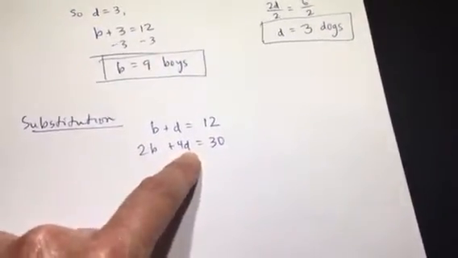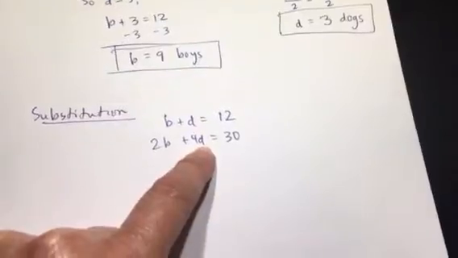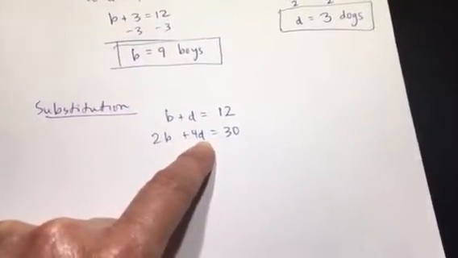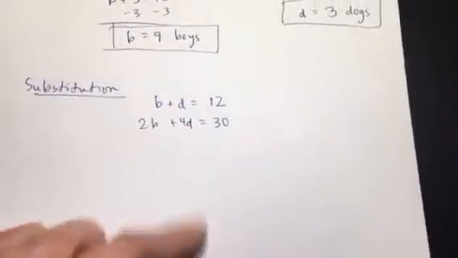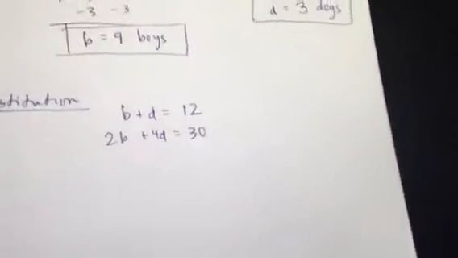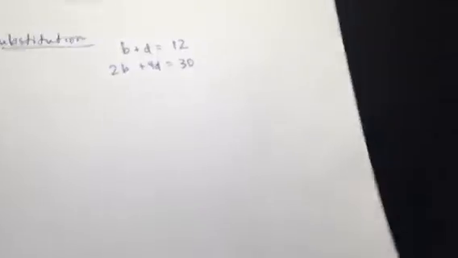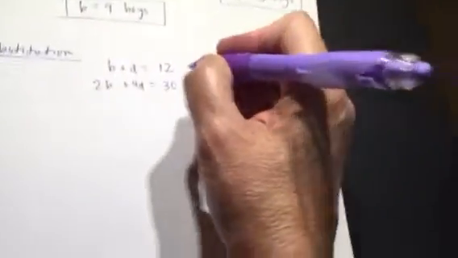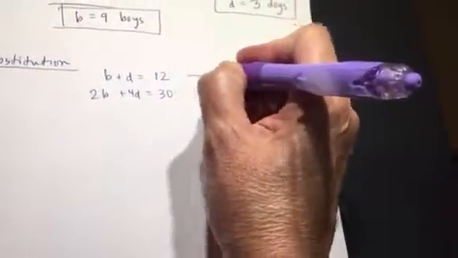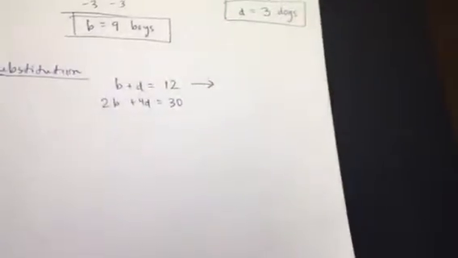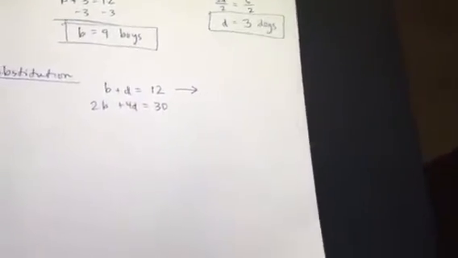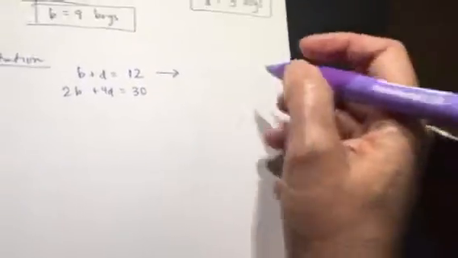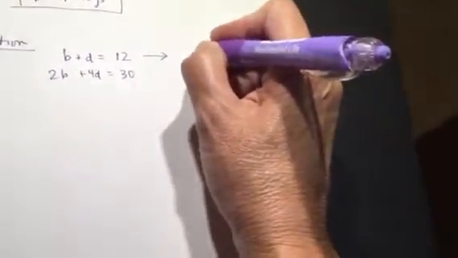Although that would work, if I solved that bottom one for d, I would get some fractions in there, which maybe if I can avoid fractions, I would do that. So I'm looking at the system and I'm thinking the easiest thing is probably going to be to take the top equation, b plus d equals 12, and solve it for either b or d. I think I'm going to solve it for d.